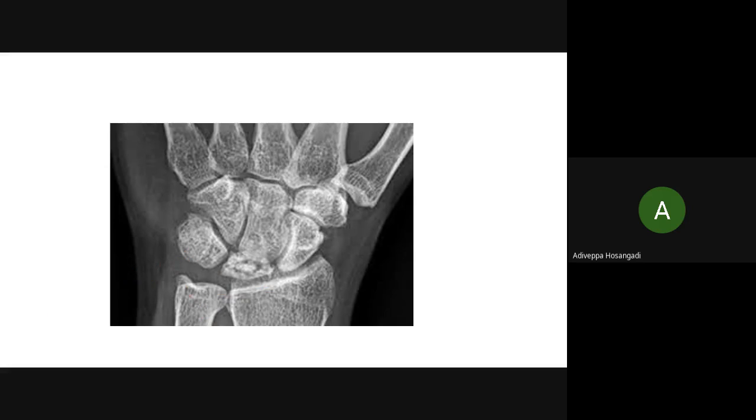Understand? One thing you know very well, your ulnar styloid process is always ½ inch smaller or more proximal. You know why this is important? Especially in case of Colles' fracture. Colles' fracture, it is important.